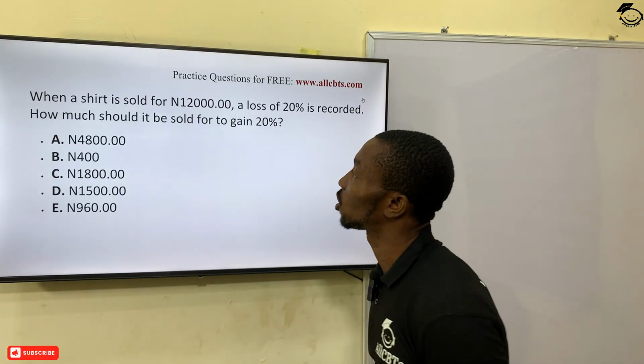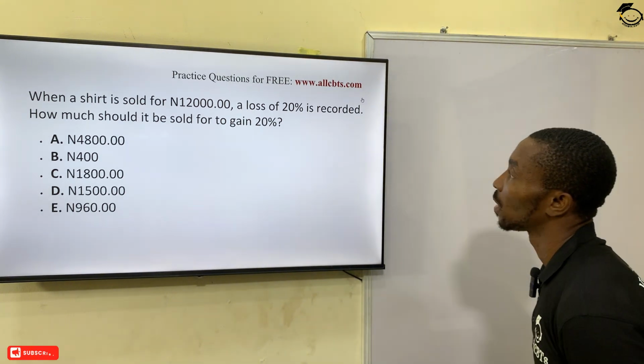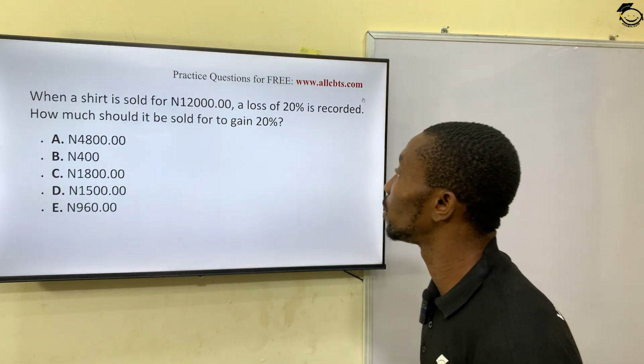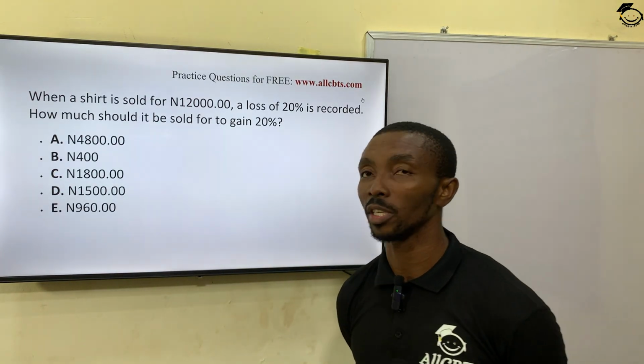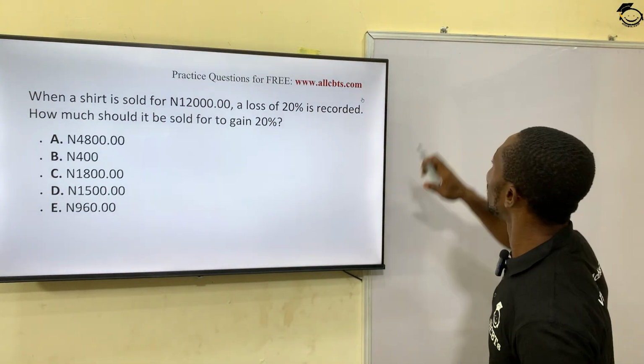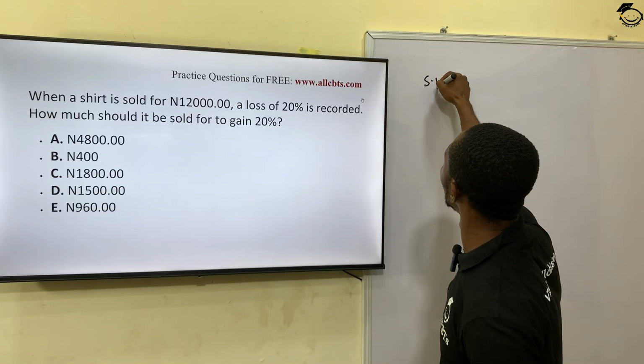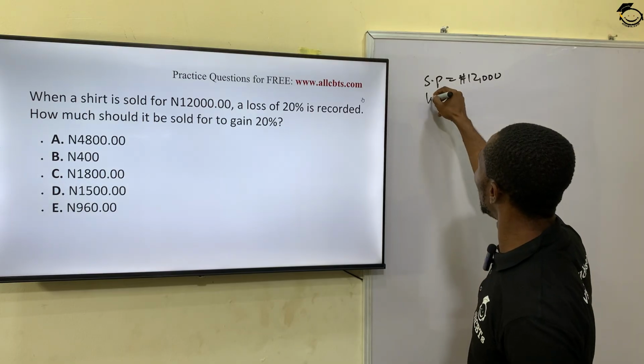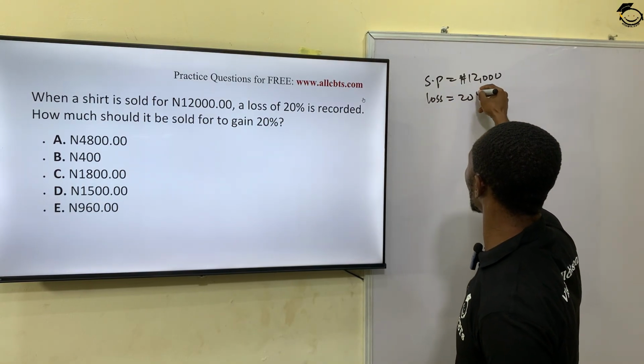When a shirt is sold for 12,000 naira, a loss of 20% is recorded. How much should it be sold for to gain 20%? Now, our selling price is 12,000 naira and we have a loss of 20%.